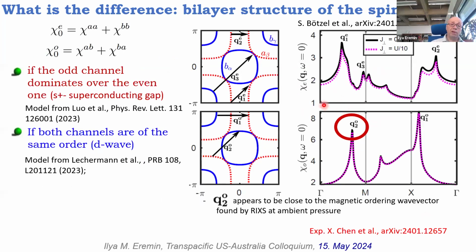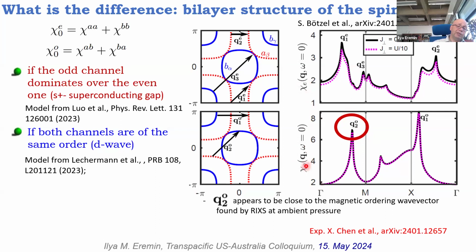Then you compute your particle-hole response in both channels, and you see that there are peaks in the various channels. One of them indeed corresponds to the one which is found experimentally. But the most important thing you need to check is the absolute magnitude, whether the largest susceptibility is in the odd channel or in the even channel.